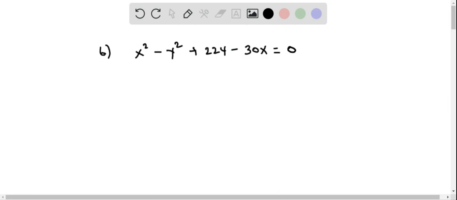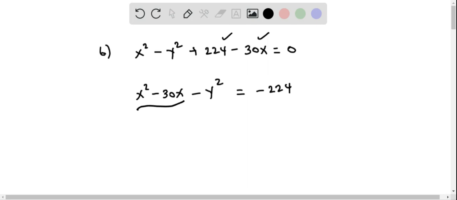We now write the equation of this conic in standard form and also classify the conic. So first, I'm going to subtract 224 from both sides, and I'm also going to combine this negative 30x with the x squared. So I write this as x squared minus 30x, then negative y squared, and this equals negative 224.